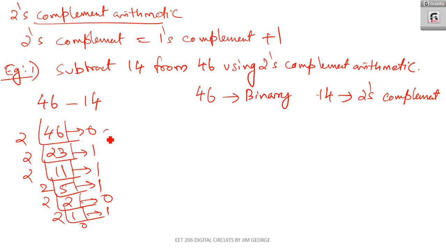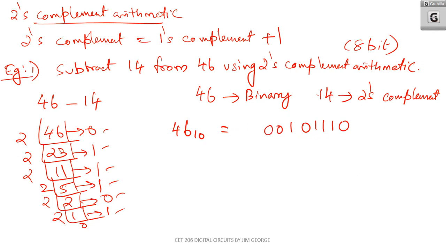So this is 1, 2, 3, 4, 5, 6 bits. So I will deal with 8-bit arithmetic. How do I write 46 to the base 10? I can write it as 101110. You have 6 bits, so add 2 bits. So that is 46 to the base 10.